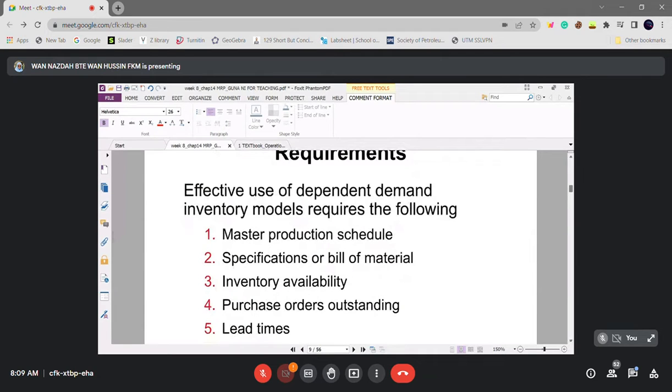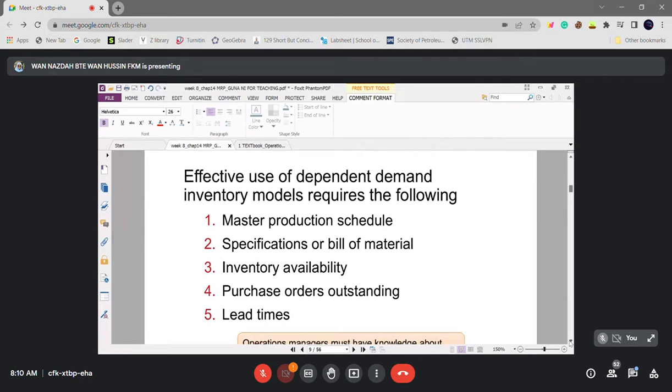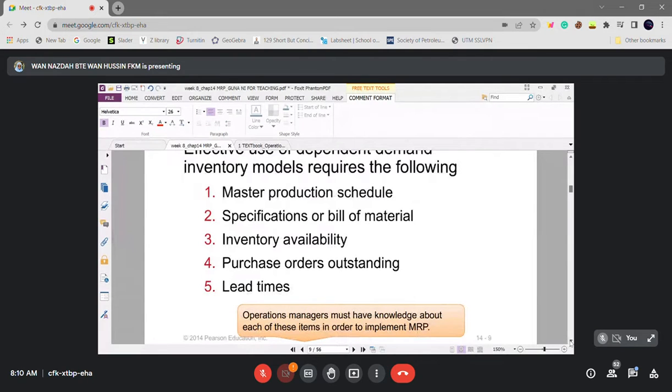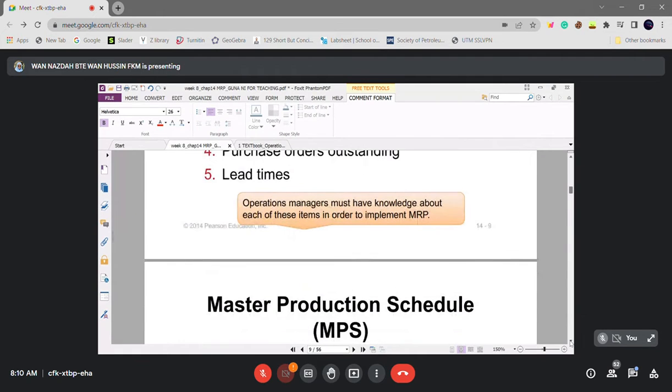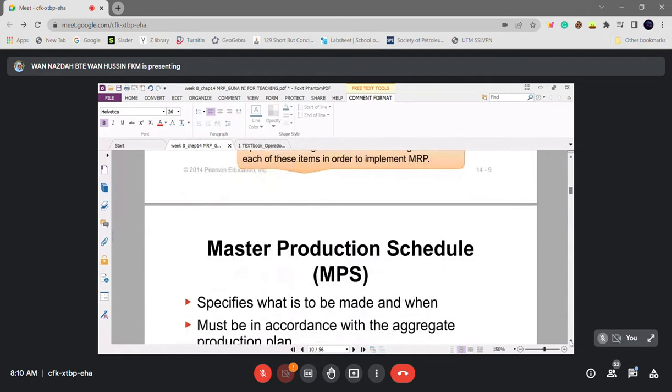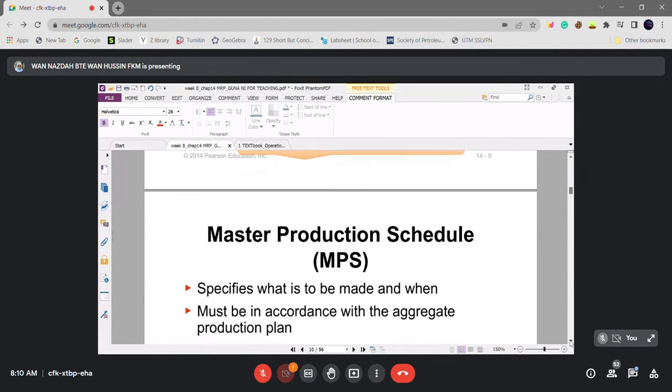So before you will be able to construct the MRP, there are a few elements that you need to accomplish. First thing first is the master production schedule. Every company must have a master production schedule, and this master production schedule specifies what is to be made and when.